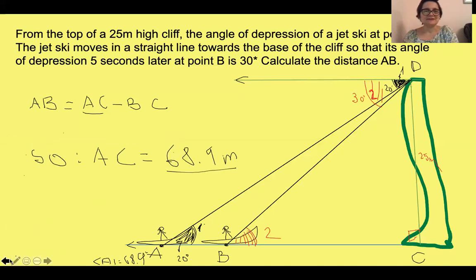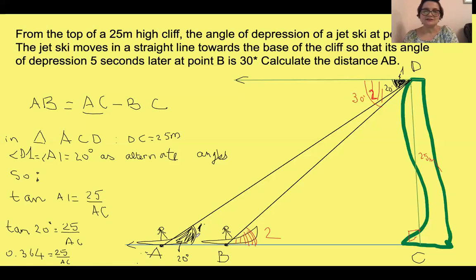Tangent A1 is equal to 25 over the side AC, and that is the tangent ratio formula. If we calculate using the calculator, tan 20 is 0.364, rounded to 3 significant figures, equals 25 over AC.